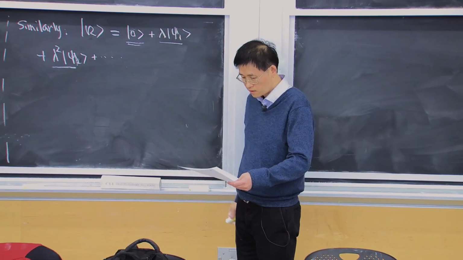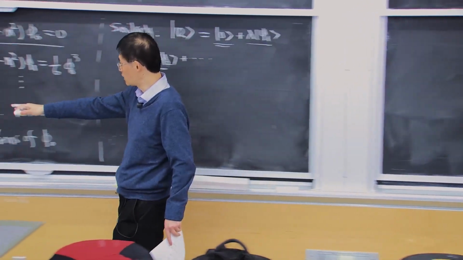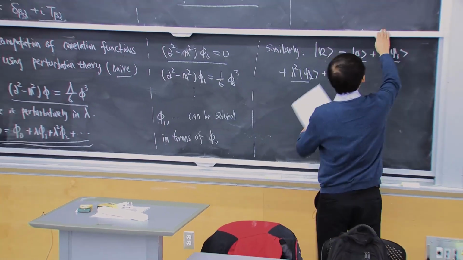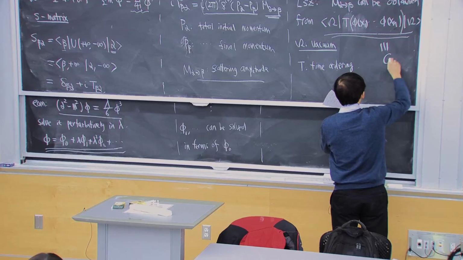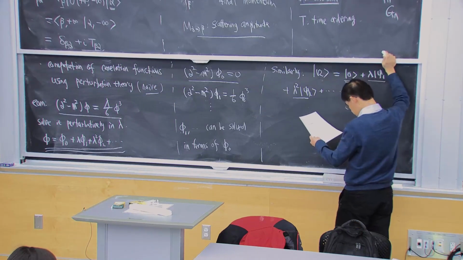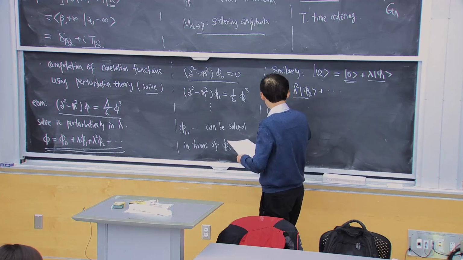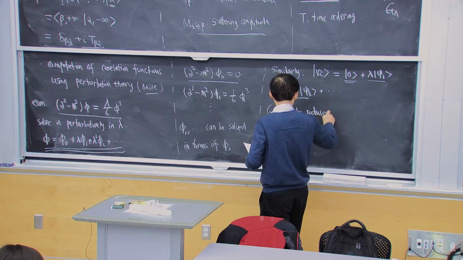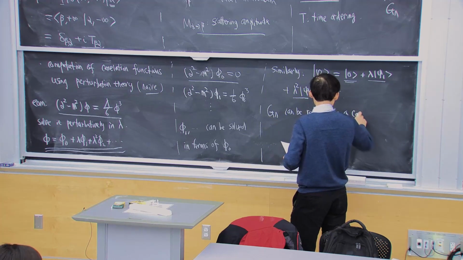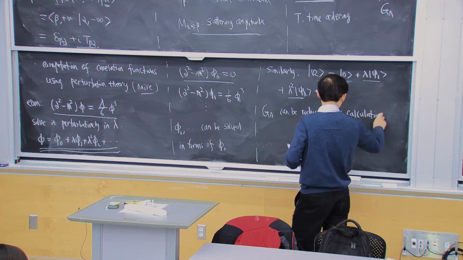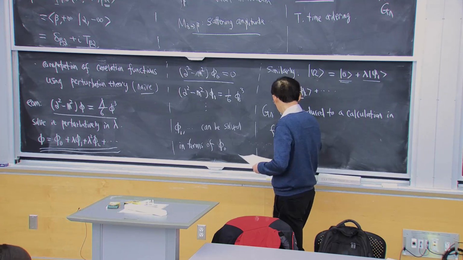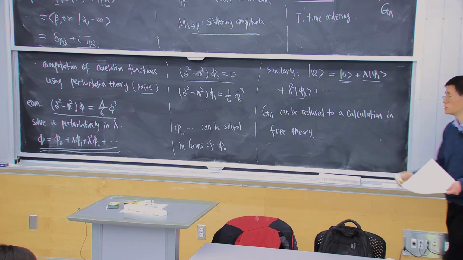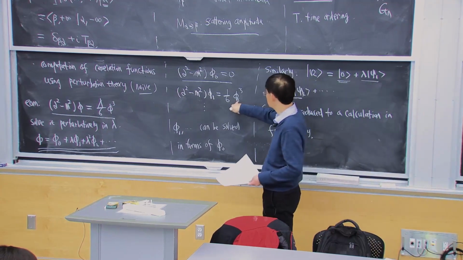Now when you have worked out the Ω, you can work out this object. Let me just call this Gₙ. The Gₙ can then be reduced to a calculation in free theory using perturbation theory, because everything can be expressed in terms of φ₀.